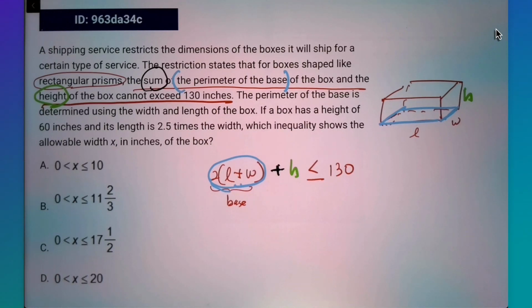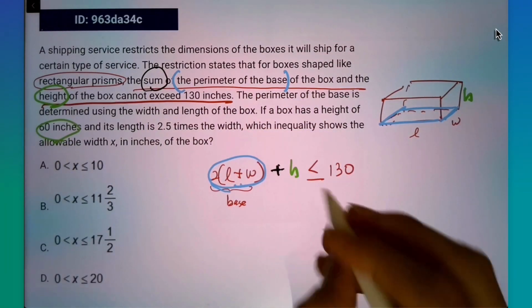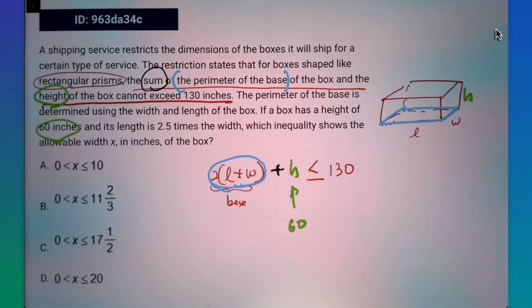The perimeter of the box is determined using the width and length of the box. If a box has a height of 60 inches and its length is 2.5 times the width. So it said the box has a height of 60 inches, so we can plug it in. Let's just substitute 60 for h.